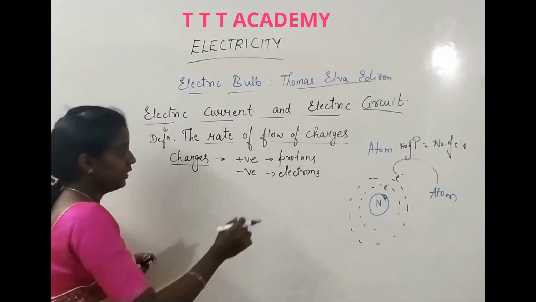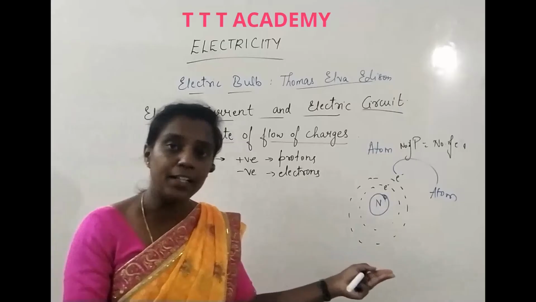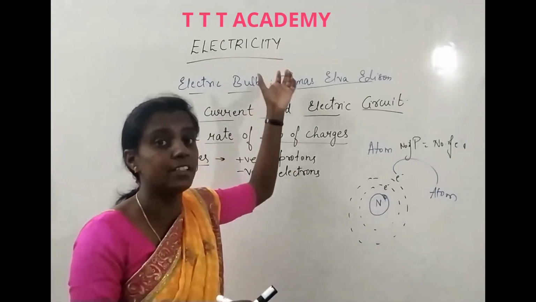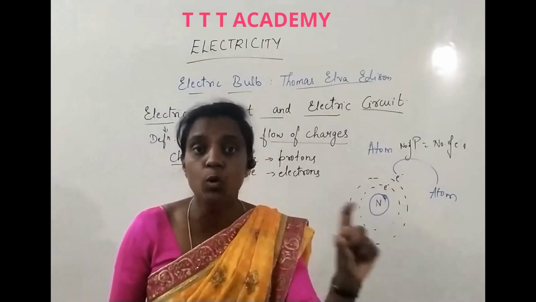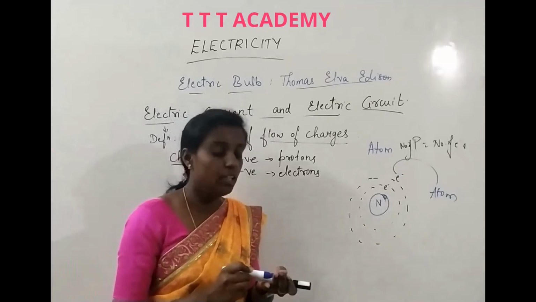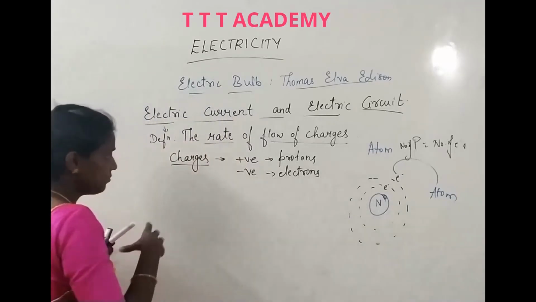Now see children, this flow of electrons from one atom to the other atom will help in generating electricity. That means when there is a movement of electrons, there is electricity present, or there will be generation of electricity. Okay, fine.